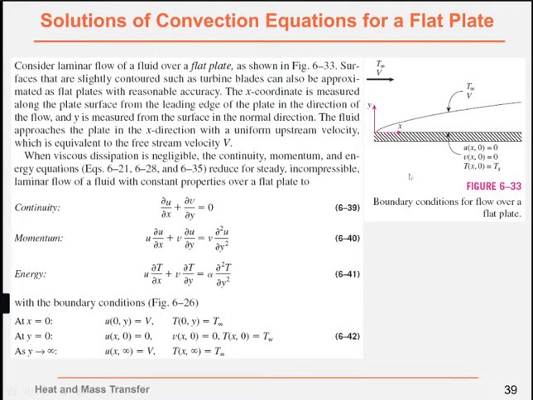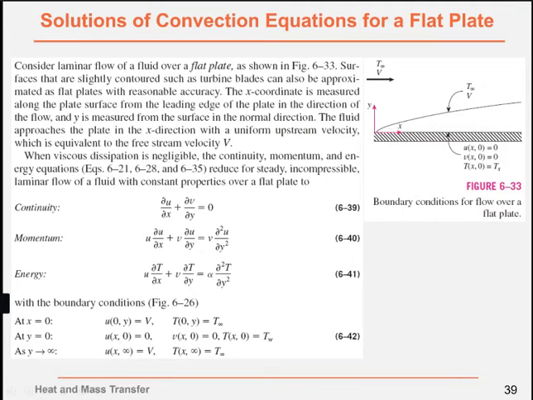For example, these are the boundary conditions for flow over a flat plate, and we consider this as a laminar flow on a flat plate in this figure. For a surface that is slightly contoured, for example a turbine blade, a small part is similar to a flat plate.